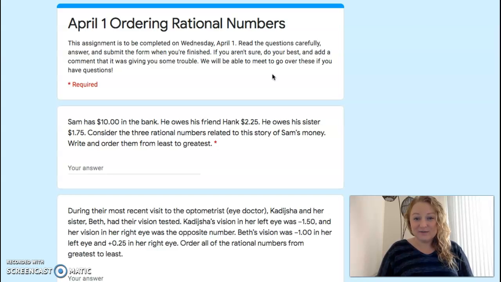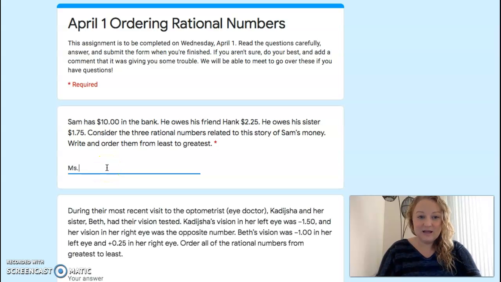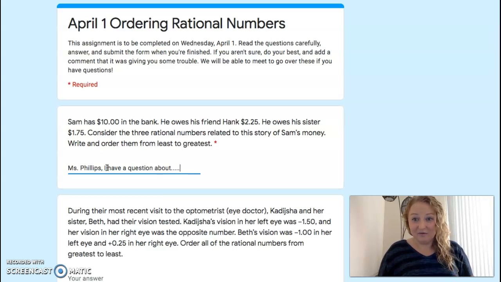If you aren't sure about something, you can type your answer here and you could just say, Miss Phillips, I have a question about, and then let me know what your question is about. Don't just leave it blank, or just say like IDK or didn't know what to do or question marks. Tell me a little bit about what part confused you, so then we can meet in a Google Meet, or I can comment on the document and give you a little bit of feedback.